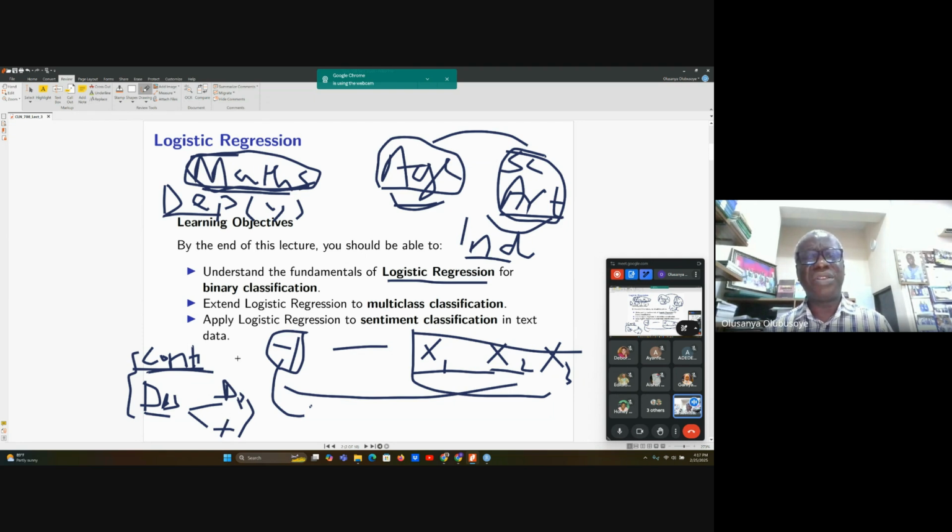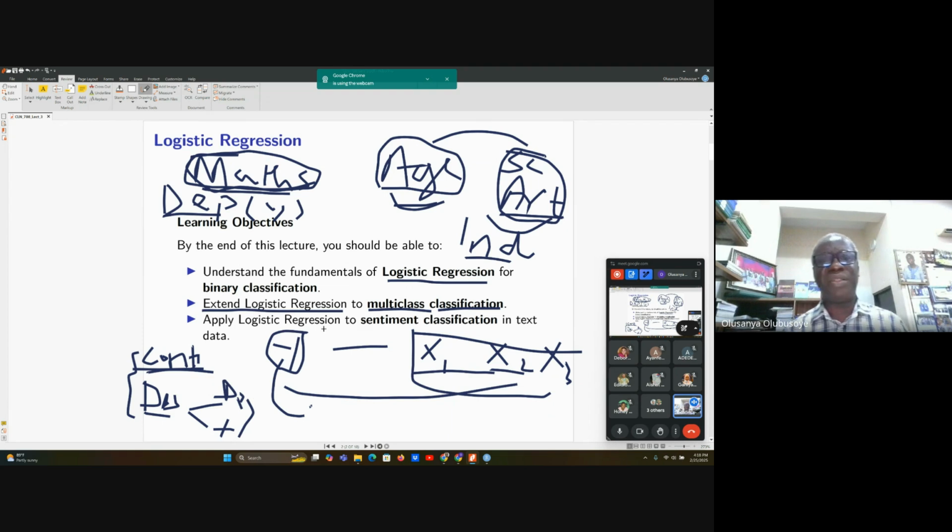But we would also mention the fact that the categories could be extended. We could have a situation where we have more than two categories, 3 or more. So that leads to multi-class classification.